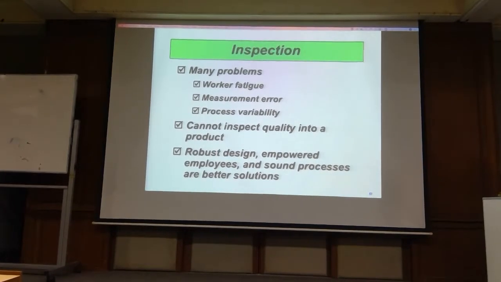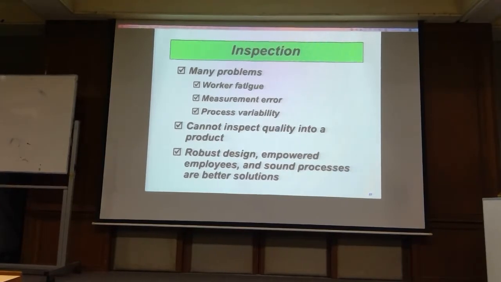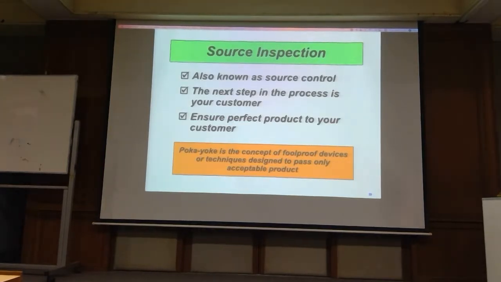You design a product that can work in every variation condition, or empower the employee to make the decision to handle the problem and find a better solution. But anyway, inspection is still important because we need to have it as well.